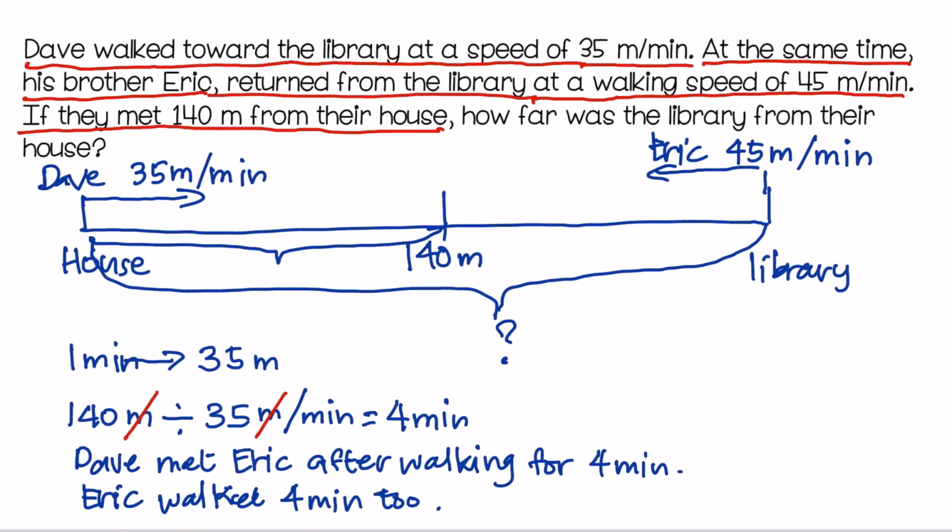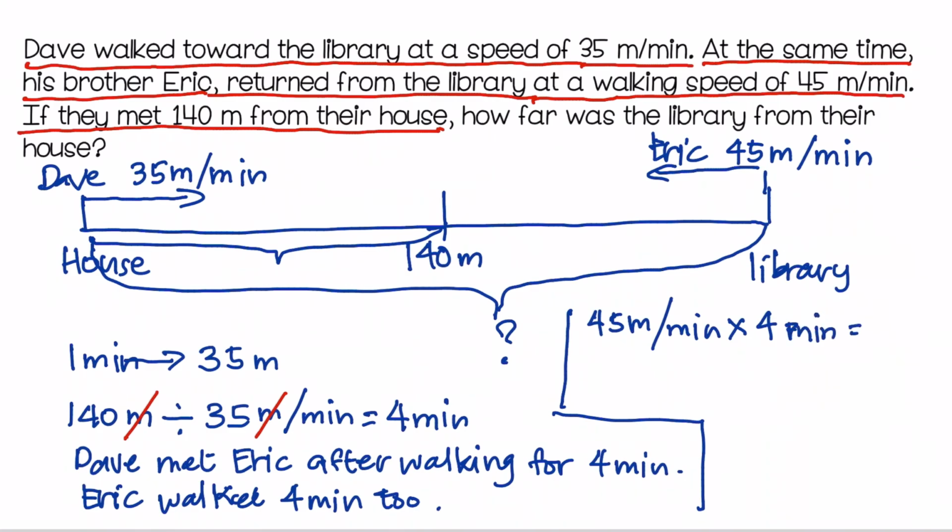So if Eric also walked 4 minutes, with a speed of 45 meters per minute times 4 minutes, it is equal to 45 times 4, which is 180.